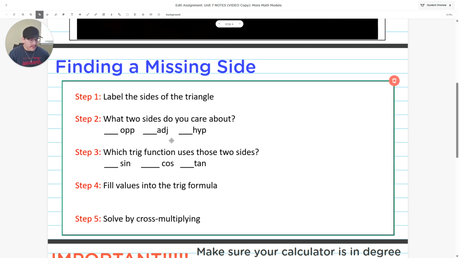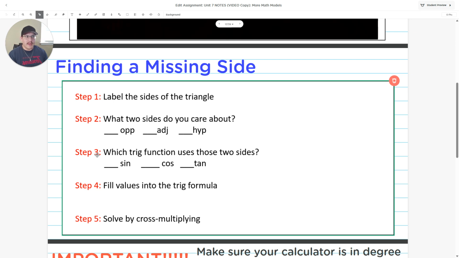Now that we've familiarized ourselves with the trigonometric ratios, let's now look into a problem where we have some of the information on the triangle and need to find a different piece that's not known to us. So in that problem, we're going to go through 5 steps to solve it.